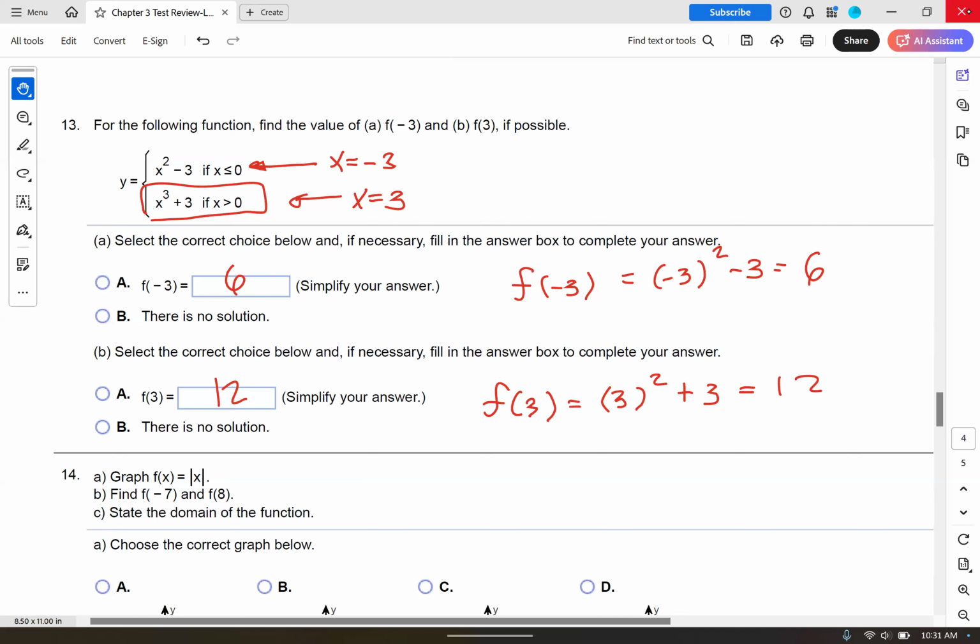Is it cubed? It is cubed. I can't read and can't see without glasses. It's cubed. So is that 30? Helps if you put your glasses on.